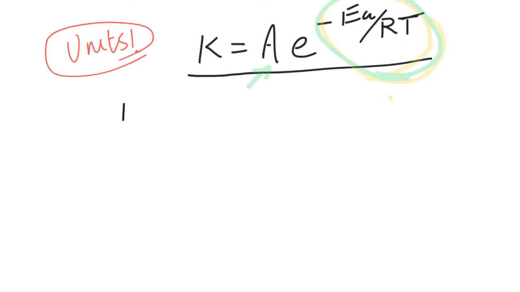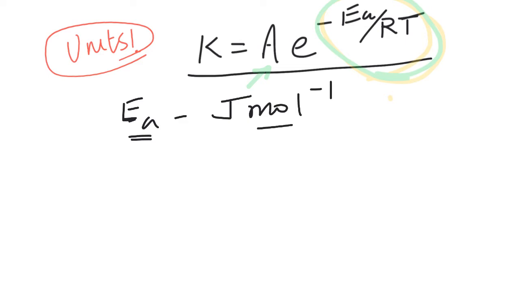EA is the activation energy. Its unit is joules per mole. That is the minimum energy you need to get a reaction started. That is the energy required per mole of the reactant. So you have that unit for EA.